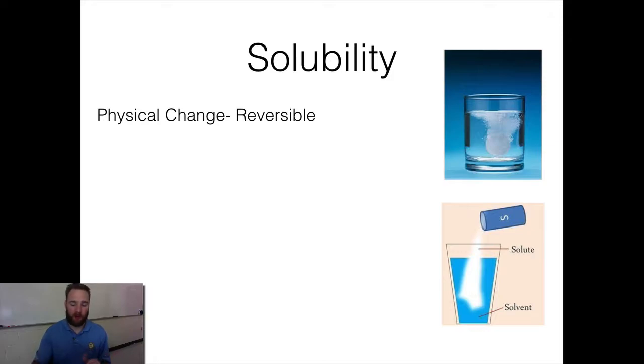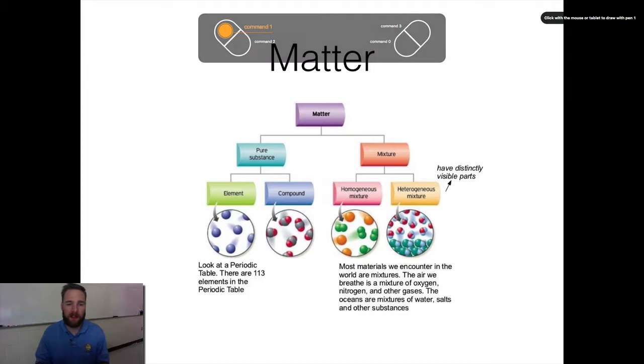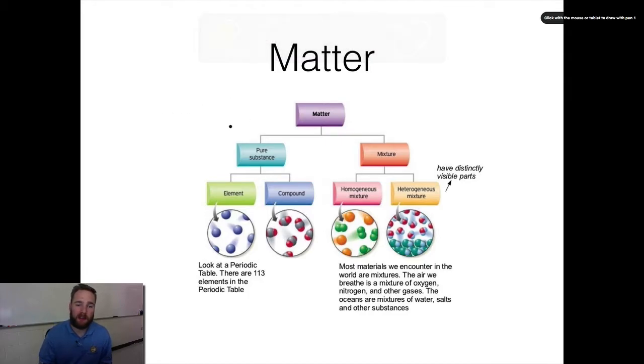So, solubility. Okay, most important thing of this lesson is matter, right? We've talked about matter is anything that has mass and takes up space or has volume, but we can break this down even further. We can break this down into this little hierarchy. I really like this picture. I wrote this on the board in class during notes. We have two different types of matter.